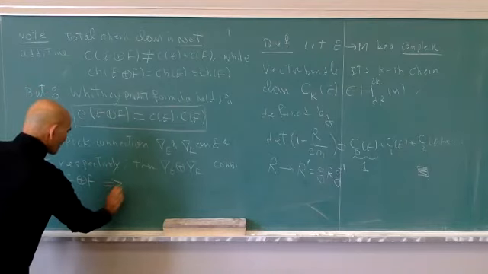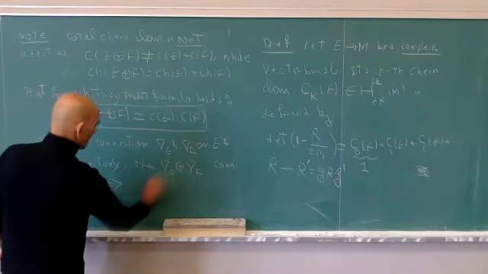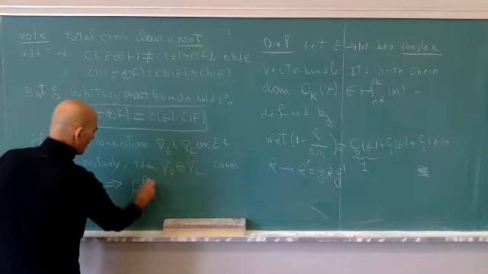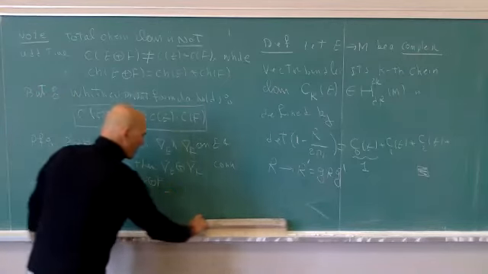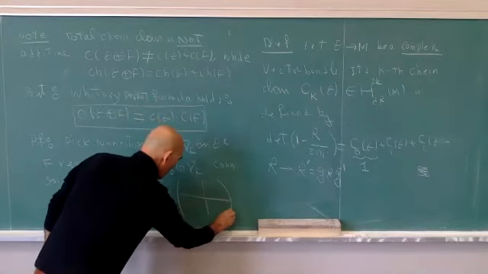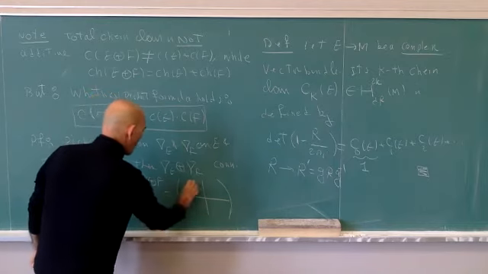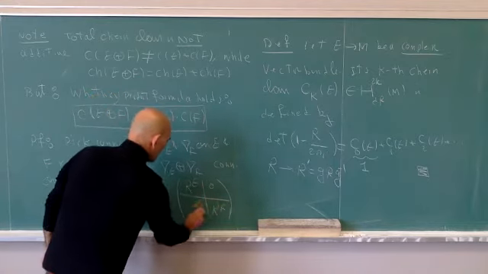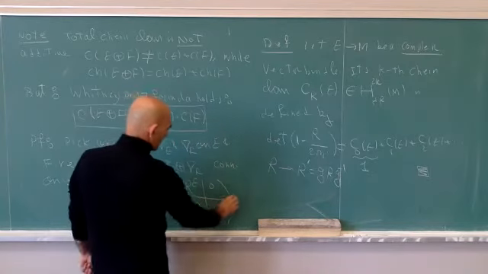So this implies that the curvature R of E direct sum F is actually a matrix like this: block diagonal, where here is the curvature of E, here is the curvature of F. The block diagonal matrix.